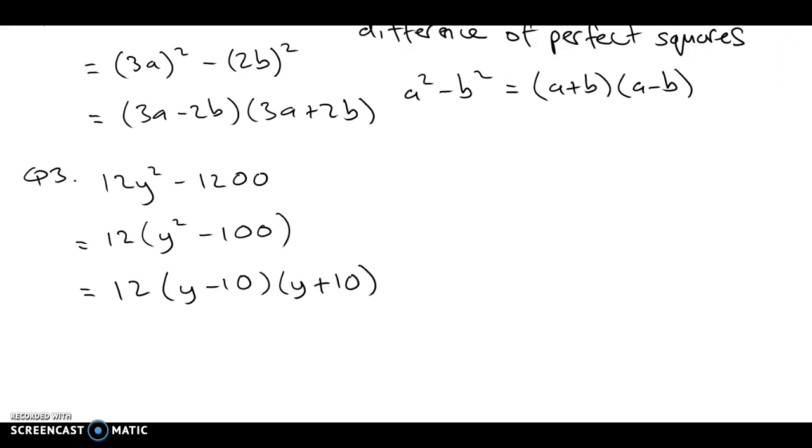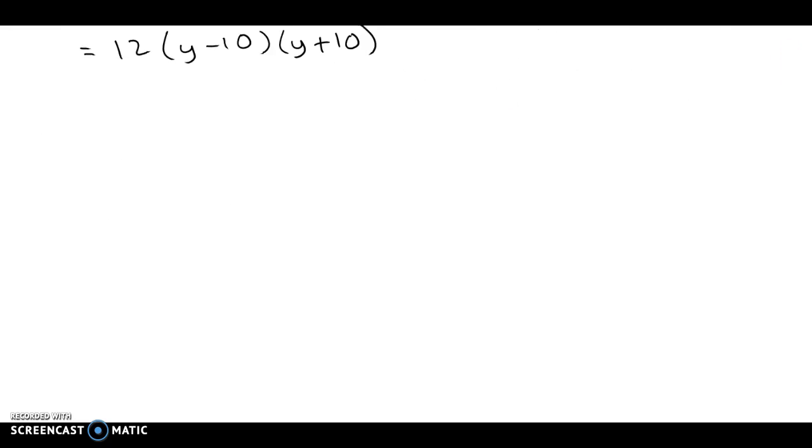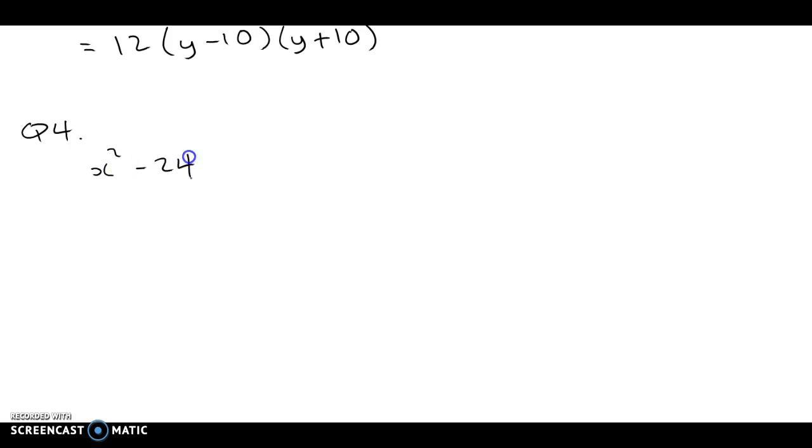Let's have a look at another question. Sometimes using this identity of a difference of two squares, we actually need to use surds. So let's have a look at a question where we need to use surds. x squared minus 24. If we want to factorise x squared minus 24, you'll notice that 24 here isn't a square number.